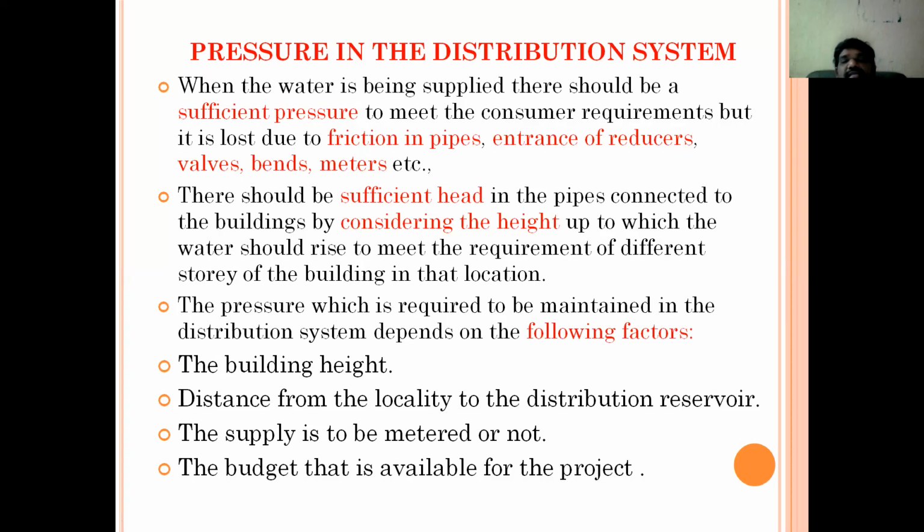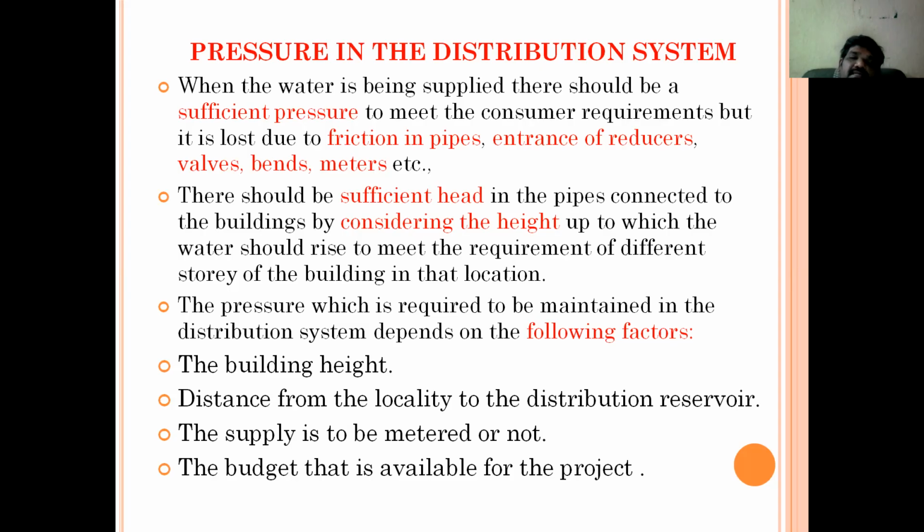Here, the pressure which is required to be maintained in the distribution system depends on the following factors. What are those factors? Number one, the height of the building, up to which height the water has to be sent. Next one is the distance from the locality to the distribution reservoir.